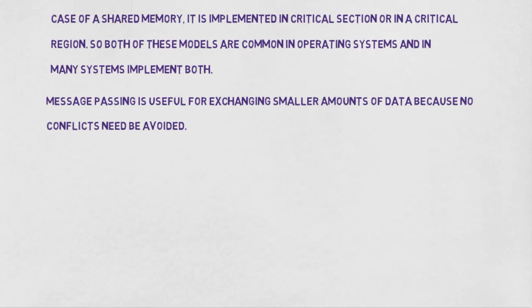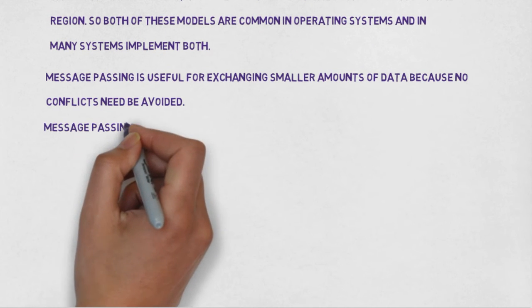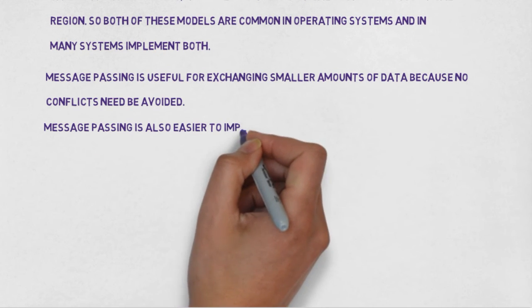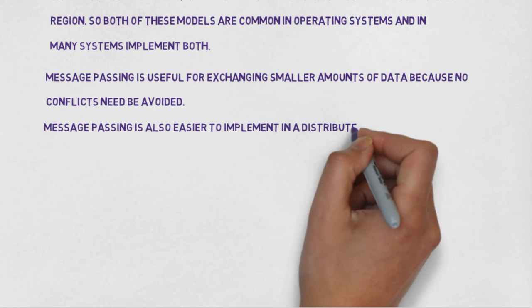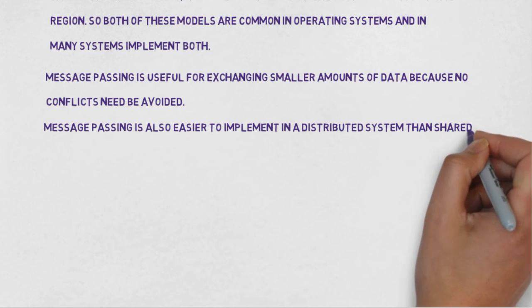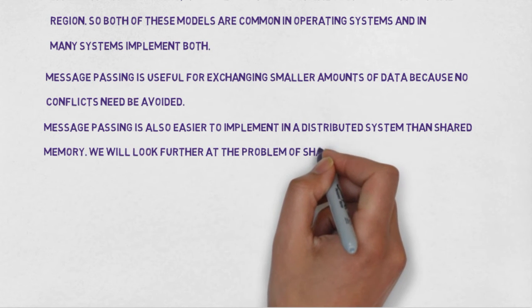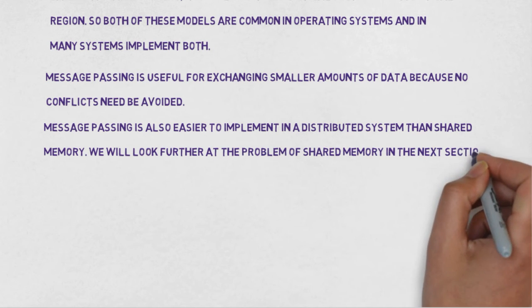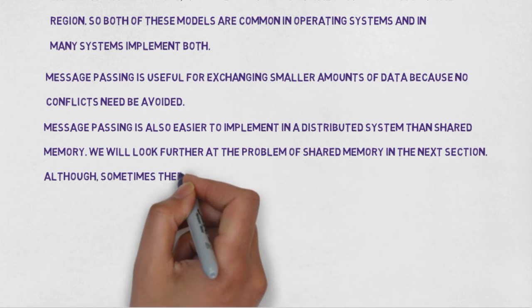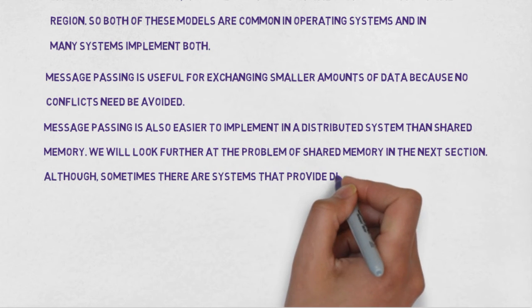And message passing is also easier to implement in a distributed system than shared memory. We'll look further at the problem of shared memory in the next section. Although sometimes there are systems that provide distributed shared memory.